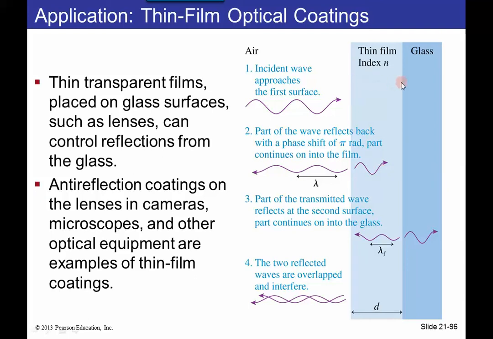You can design this coating in such a way that the interference of the two waves, the one coming this way and the other coming the other way, cancel each other, and that's the principle of anti-reflection coatings.